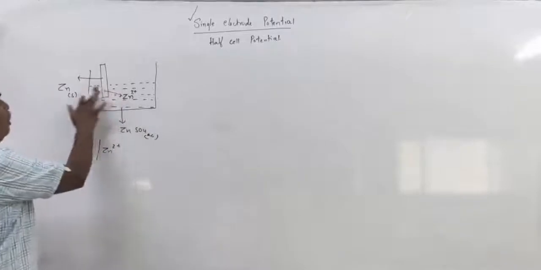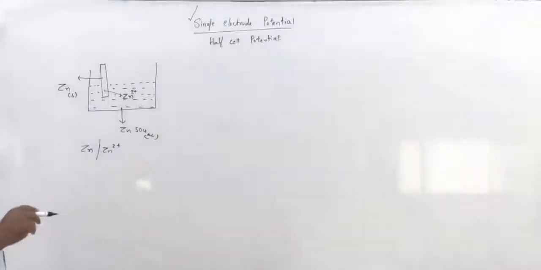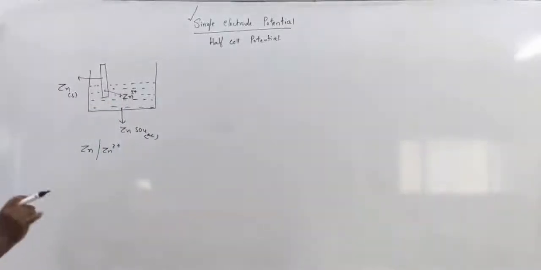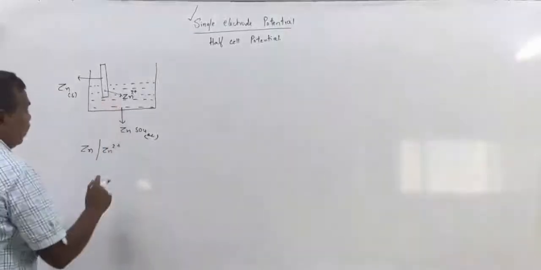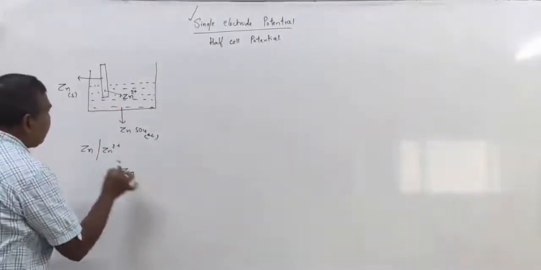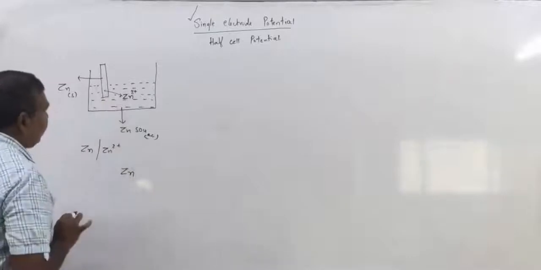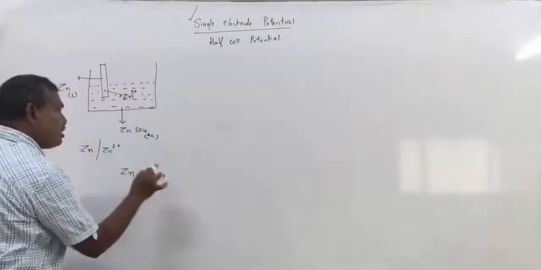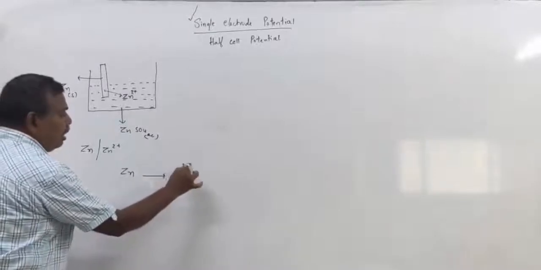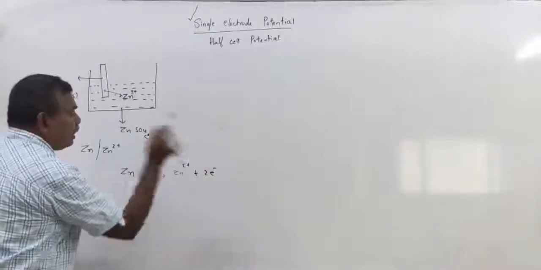Due to collision of Zn2+ ions on the surface of the zinc rod, two reactions may occur. One is that zinc atoms which are present on the surface may lose two electrons there itself and convert into Zn2+.